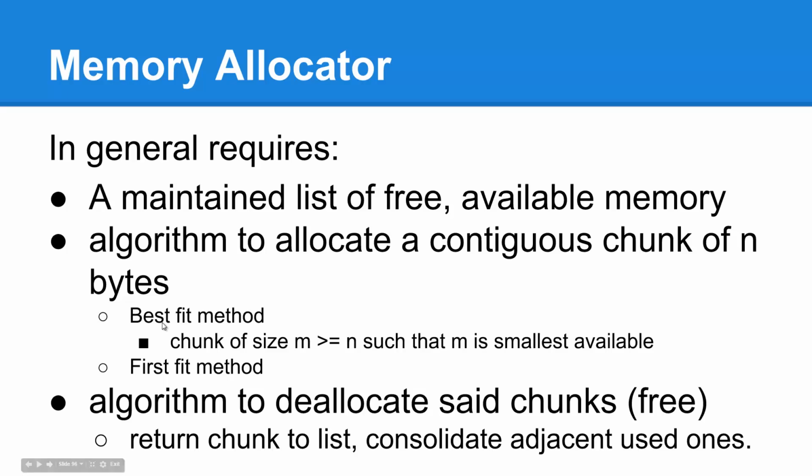Now, finally, the third requirement for memory allocation is a means to free a chunk when you're done with it. So at the end you have two lists, one for all of the allocated chunks and one for all of the free, unallocated chunks.